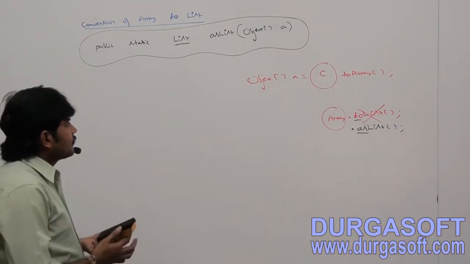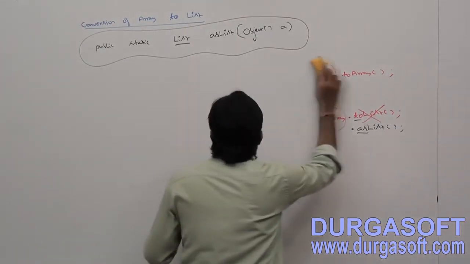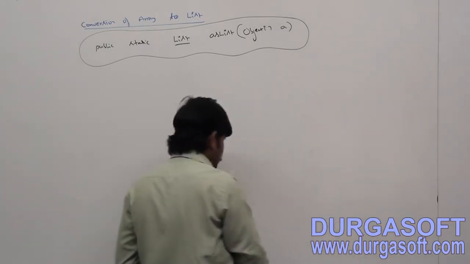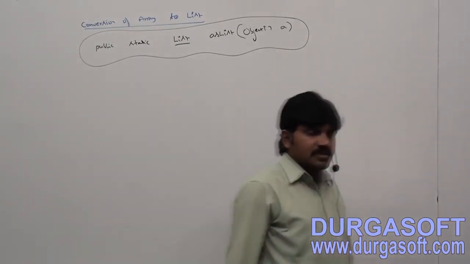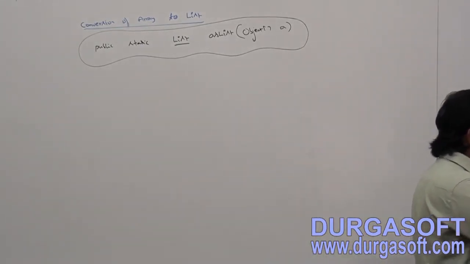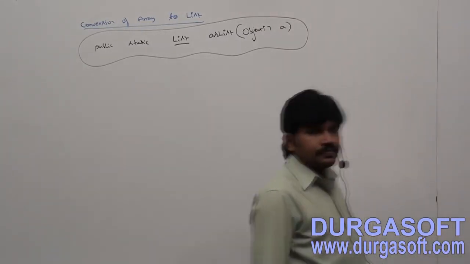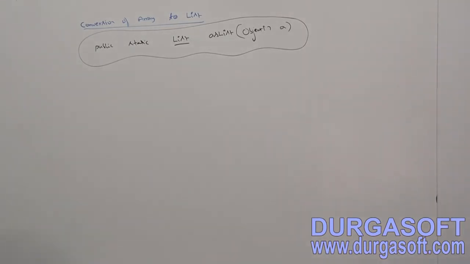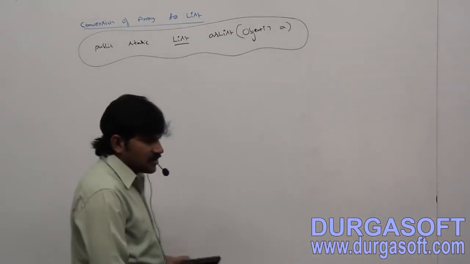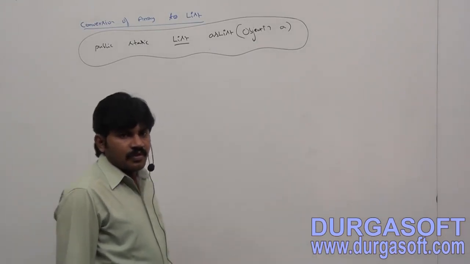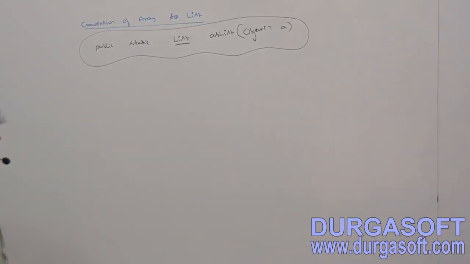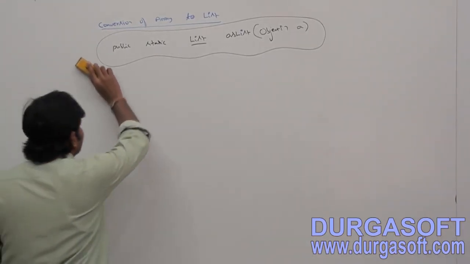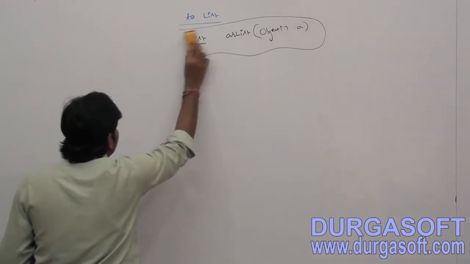Take the method: public static List, the return type, asList. Now listen to this point well. Why is the method name asList?